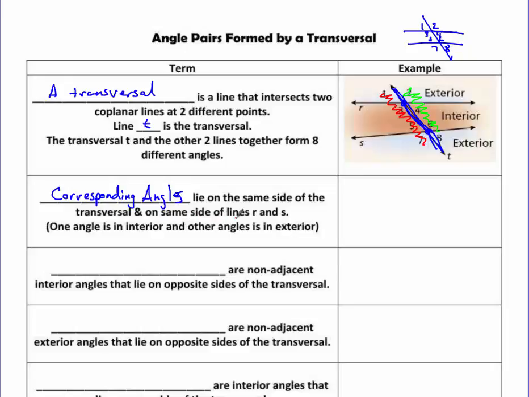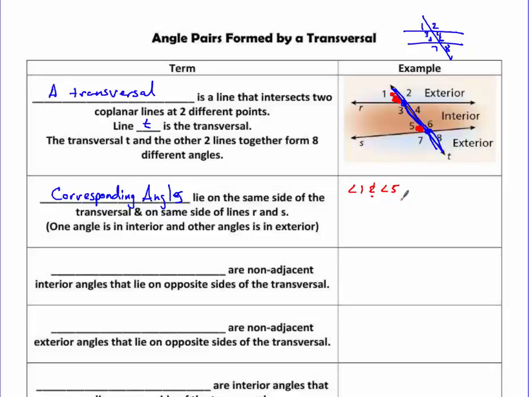And they're on the same side of lines R and S. So if I take a look at angle 1, which is right here, and I look for another angle that's on the same side of the transversal, so that means it's got to be on this side, and it's on the same side of lines R and S. So this is on top of line R, and this angle right here is on top of line S. So we're looking for the angle that's on the left side of the transversal and on the top of each of the 2 lines. So angle 1 and angle 5 are corresponding angles.